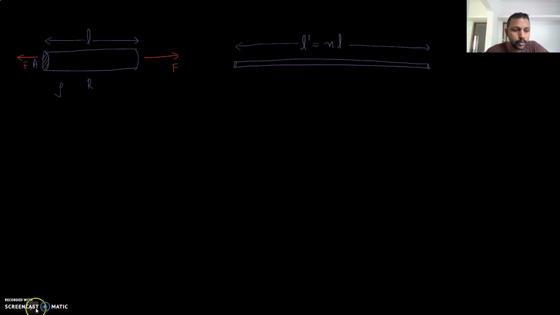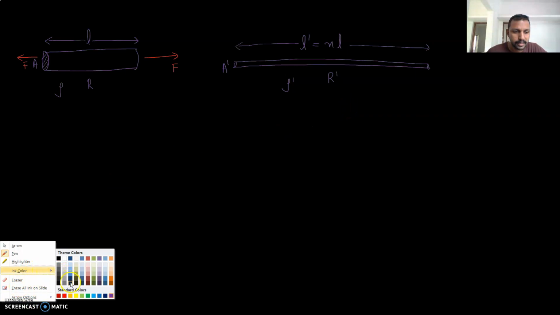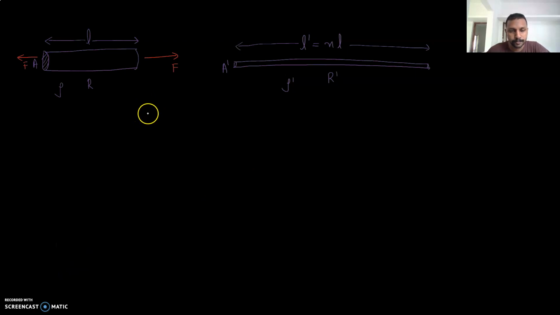In the second case, the area of cross section is A dash, the resistance is R dash, and the resistivity is rho dash. Find the ratio of resistance and the ratio of resistivity. That's our question. Let's perform it. For this, we know L dash is n times the initial length.